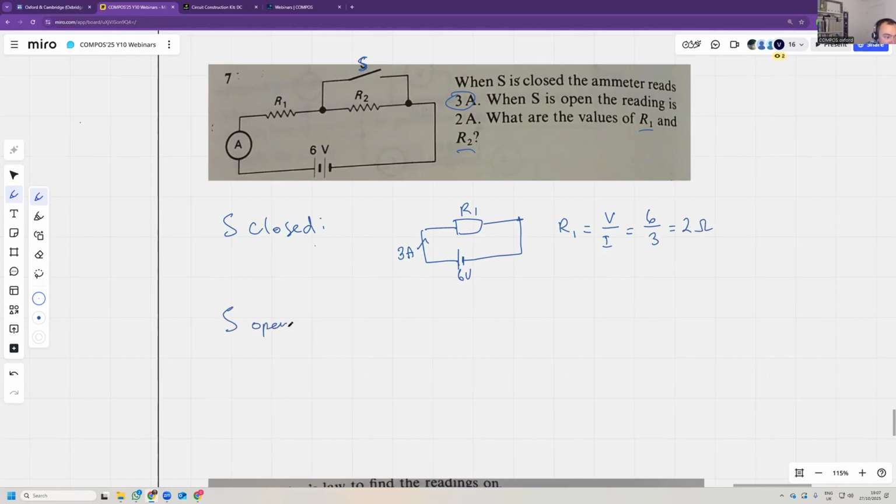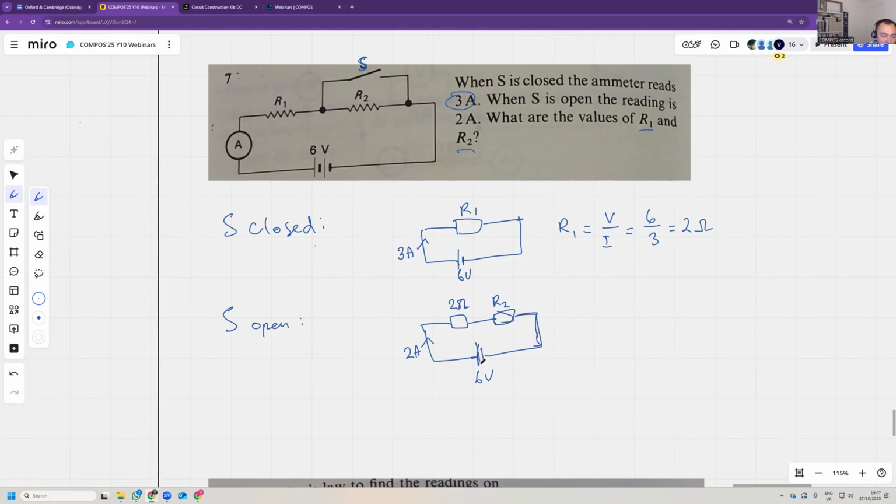S open. When S is open, then you have two resistors in series. So this is still 6 volts. This is 2 amps. This is R1, which we already know is 2 ohms. This is R2.